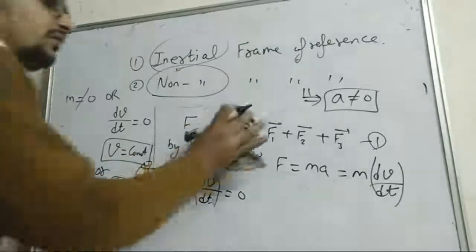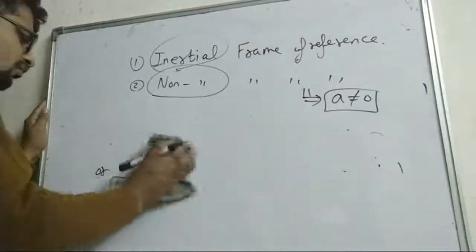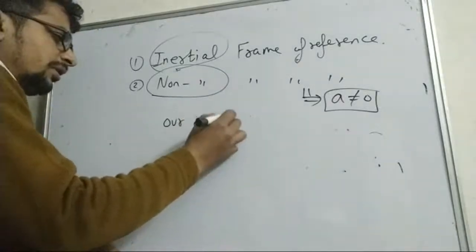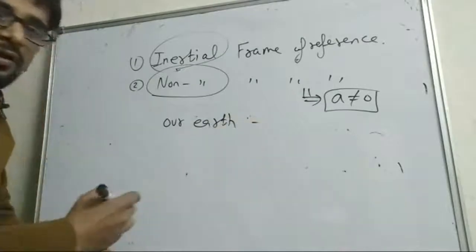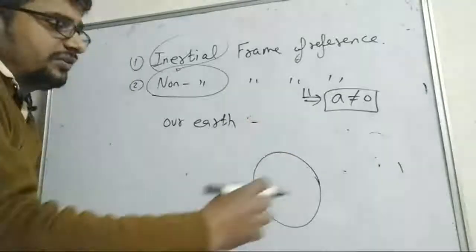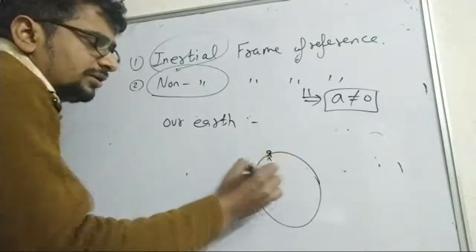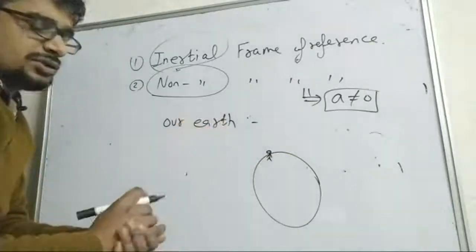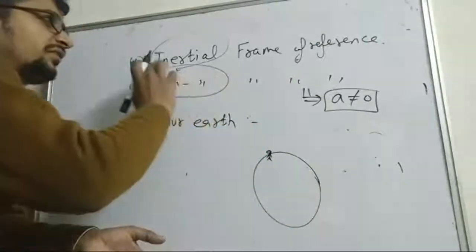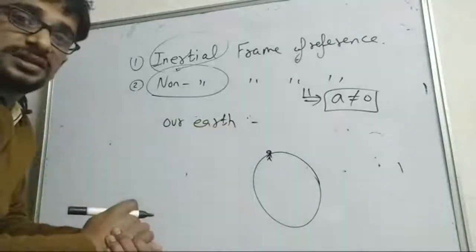Now we talk about its example. The most famous example is our earth. Assume that it is earth and we are on the surface of the earth. Now the person on the earth seems to think the earth is at rest. So earth is an inertial frame of reference for that person on the earth's surface.